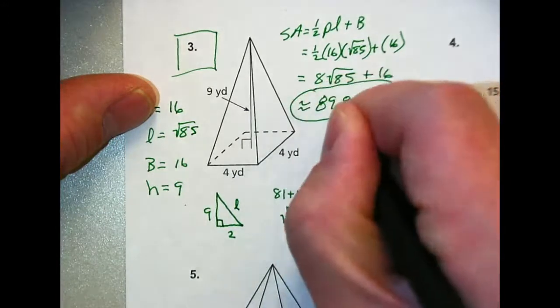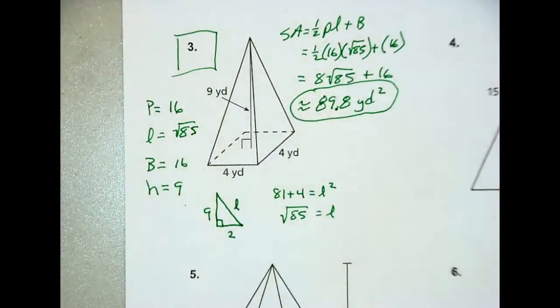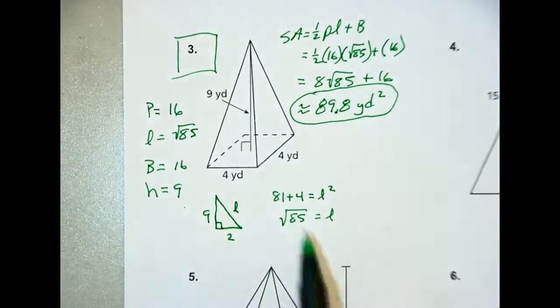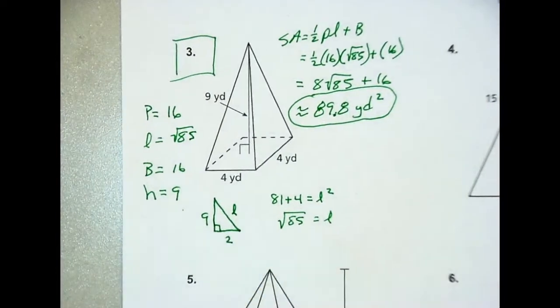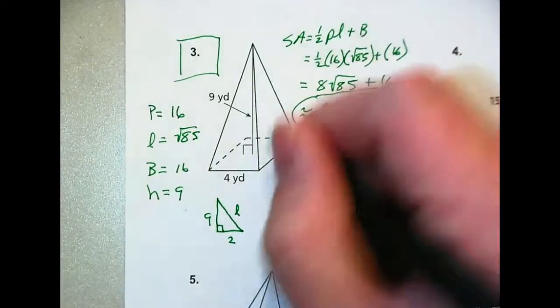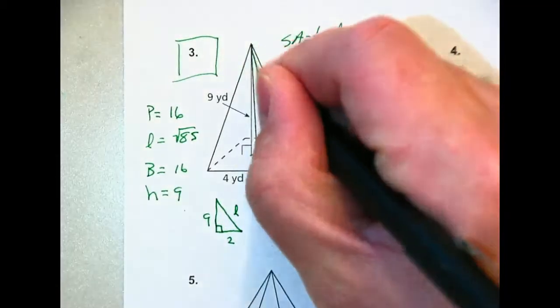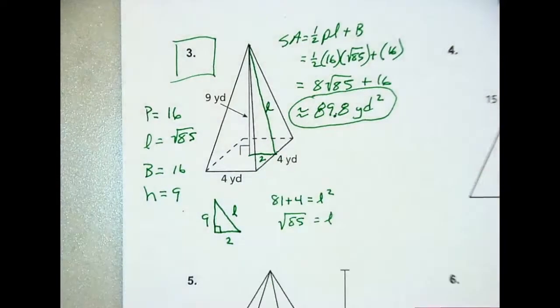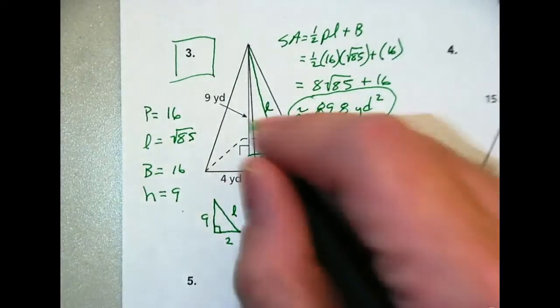I got 89.3. Did you round anywhere? Oh, I plugged in a square root 84 instead of square root 85. That's what I did wrong. So make sure you have a slant height of root 85. A squared plus b squared equals c squared here. Okay, that gives us that right triangle there again. So there's our L. So that's a 2, and that's a 9. All right. I accidentally plugged in square root 84.